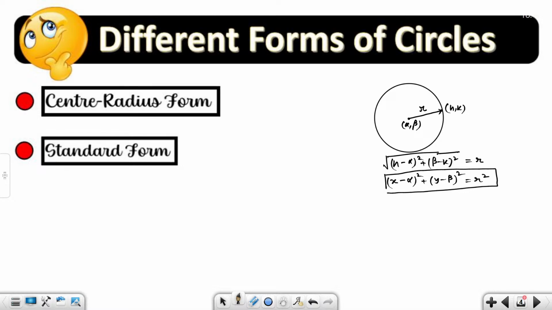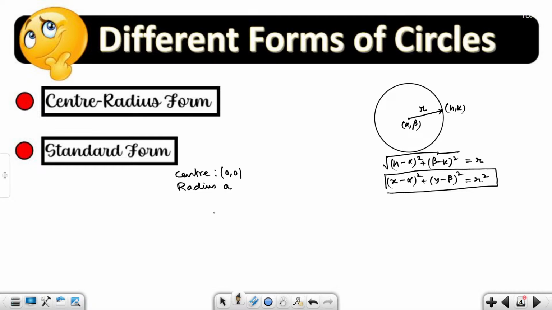Again, I'm telling you, this is the very basic form of a circle, when we know the center and when we know the radius. And the second form is the standard form. What is the standard form? Standard form is that we always consider the center to be at the origin, and let us say the radius is a or r, whichever way you take.